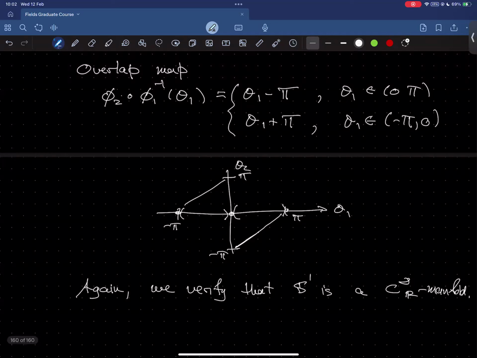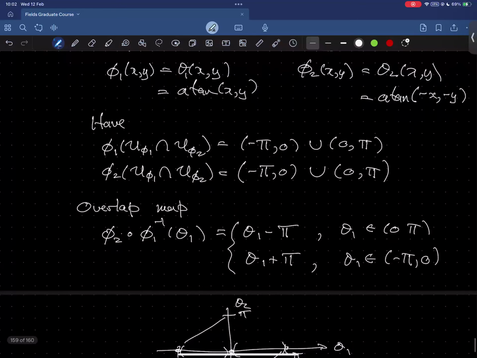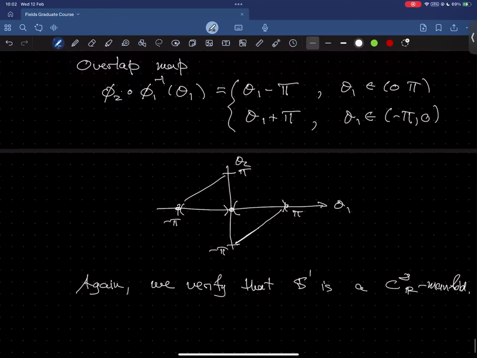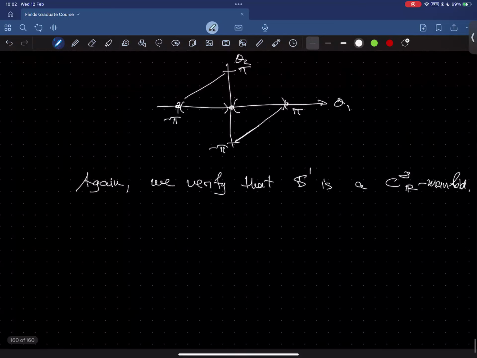Right, so that was very elementary, and I belabored something which is very simple, but I wanted to see in practice how these definitions work. This is not what you typically do in practice. Normally, you'll say something like S1 is a manifold, and here's the angle coordinate. But it's good to see how in this very simple case, the abstract definitions work out.